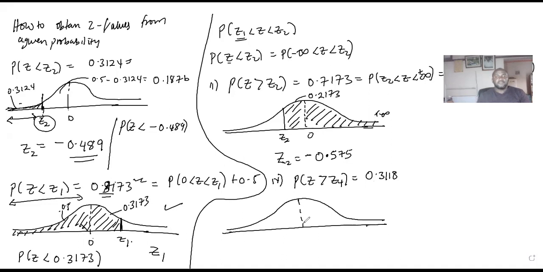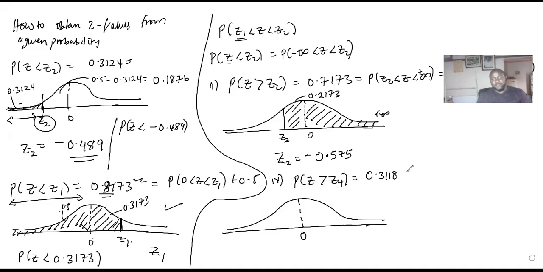We are shading the right-hand side. From where? From 0 or? Yeah, from 0. Are you sure from 0? If it was from 0, it would have been 0 less than Z4.